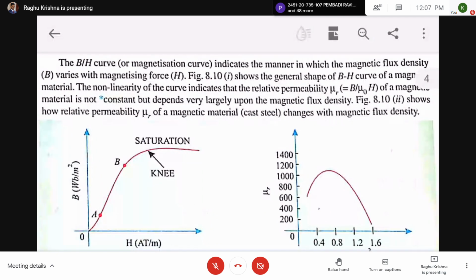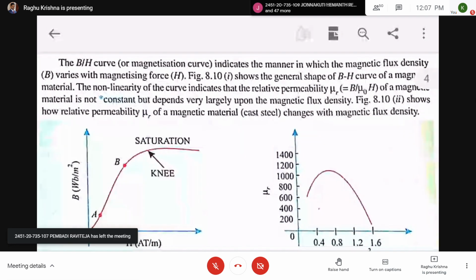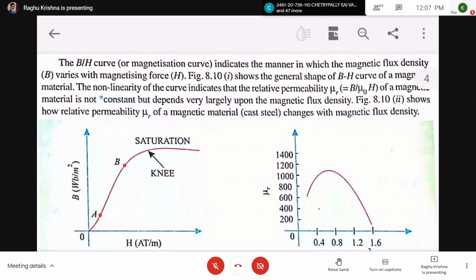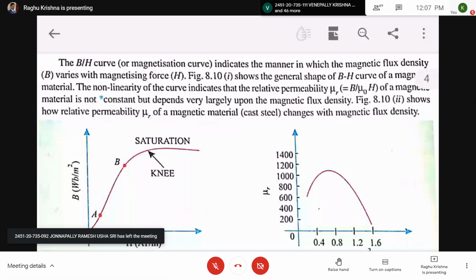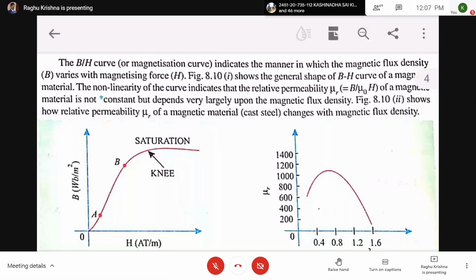Flux per area is the flux density. Area units are meter square, flux units are Weber. So Weber per meter square is the unit for flux density.